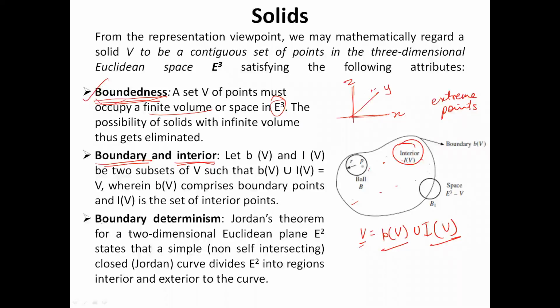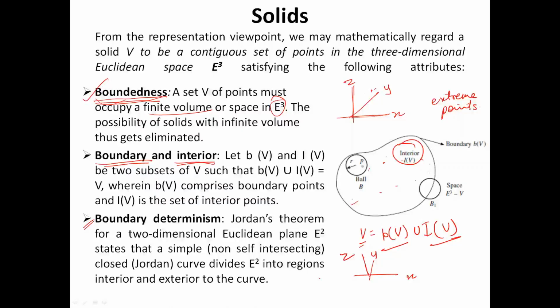The third most important aspect of a solid is boundary determinism. As I explained in the first point, the set of points has to lie in a finite space. When they are lying in a finite space, a solid can be defined with respect to three axes, as I said, x, y, and z axis.